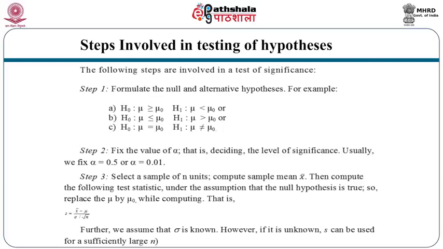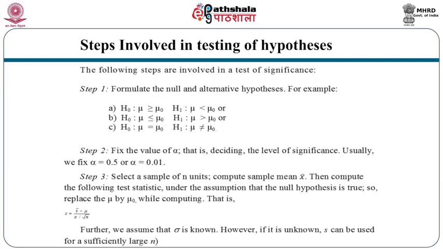Now select a sample of n units, compute the sample mean x bar, then compute the following test statistic under the assumption that the null hypothesis is true. So you replace mu by mu naught while computing z. So what is the z? X bar minus mu divided by sigma by square root of n.